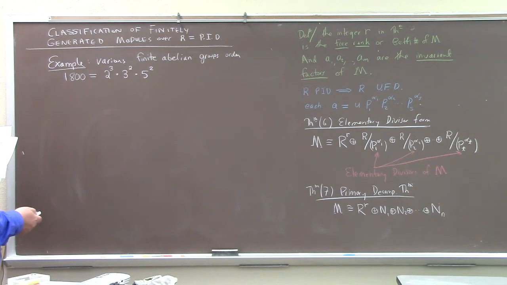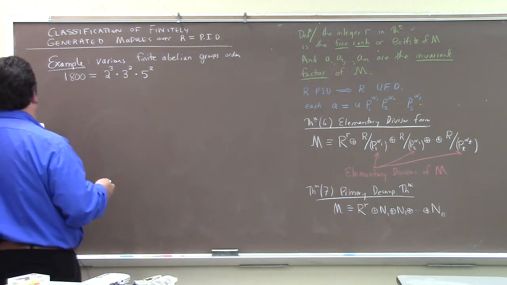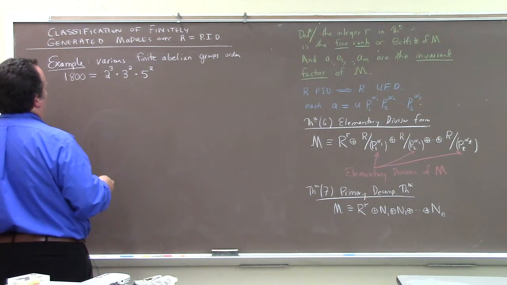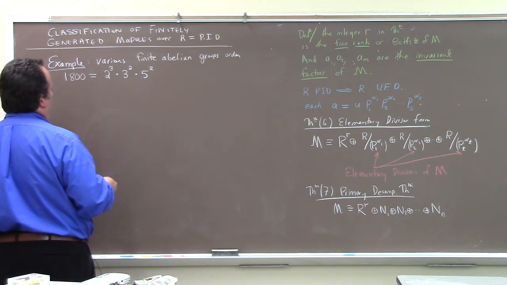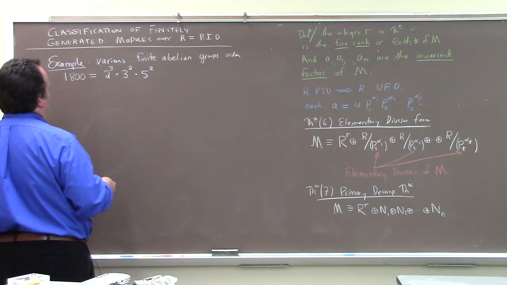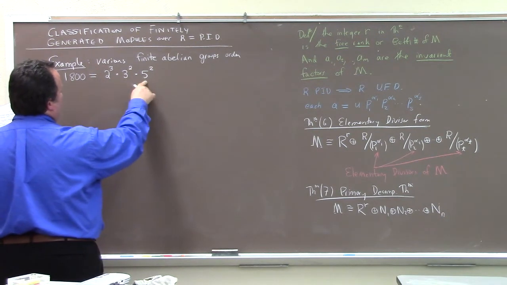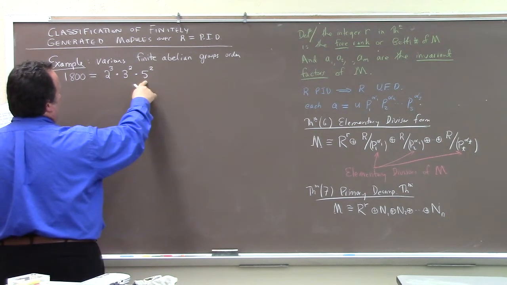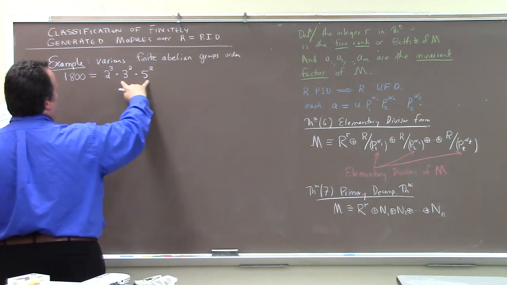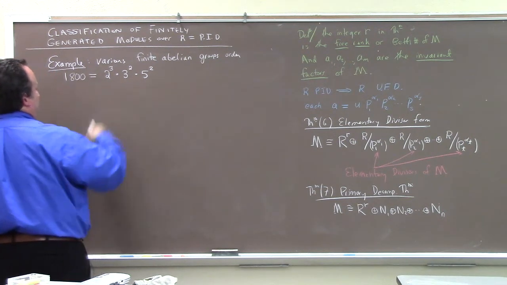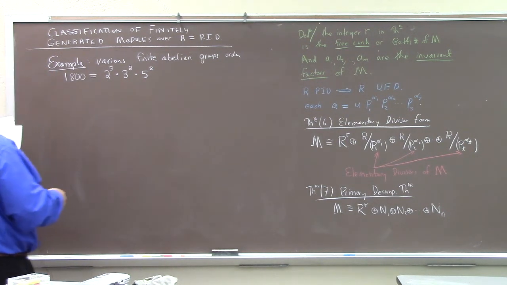I think you're 3 off. You've got to take a squared off of 3. No, I think that's okay. Actually, this is okay because 4 times 25 is 100. So these two give me 200, and then 200 times 9 is 1800. It's okay.